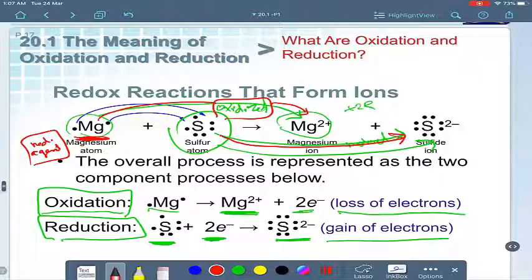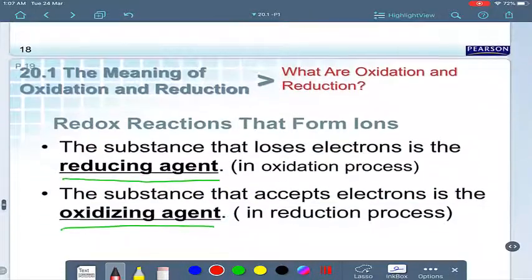That means we call it the oxidizing agent. You understand now? So the substance that loses electrons is called the reducing agent, and its process is oxidation. The substance that gains electrons is called the oxidizing agent, as I said.